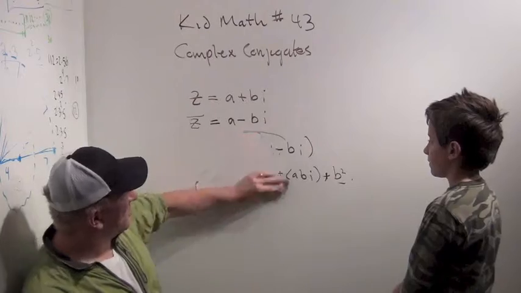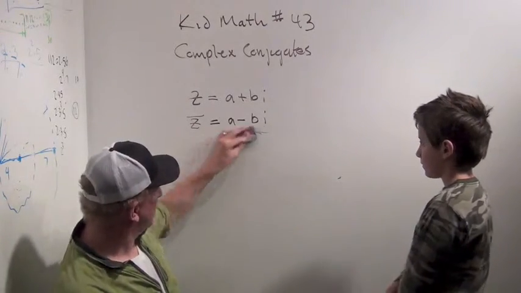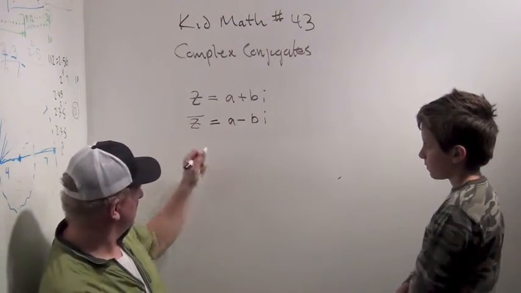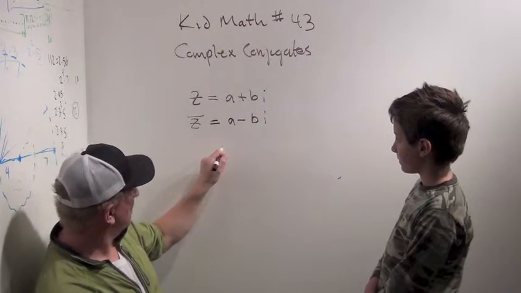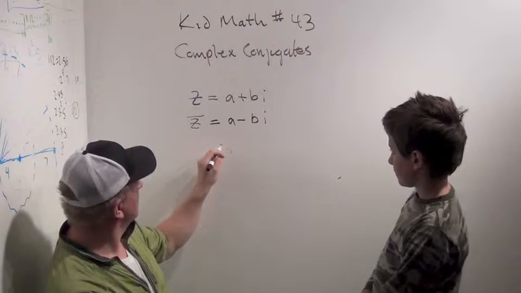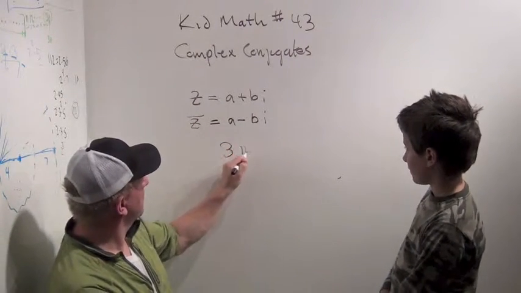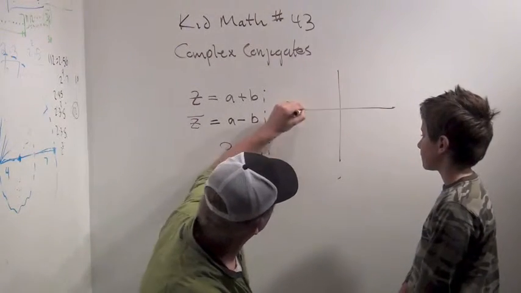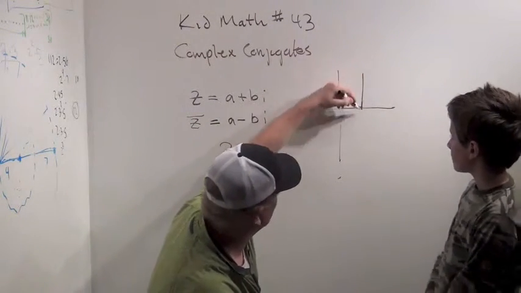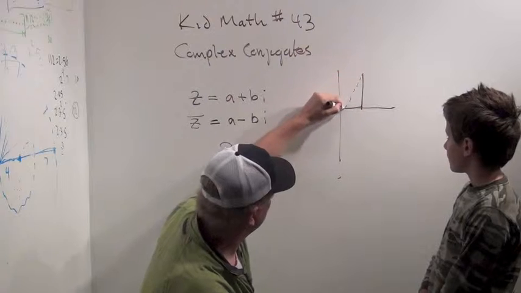And there's a neat geometric interpretation of this. Pick any complex number you want with integers just to make it easy. Let's do 3 plus 5i. Okay? And if we go into the complex plane and we go over 3 and up 5, we get here.